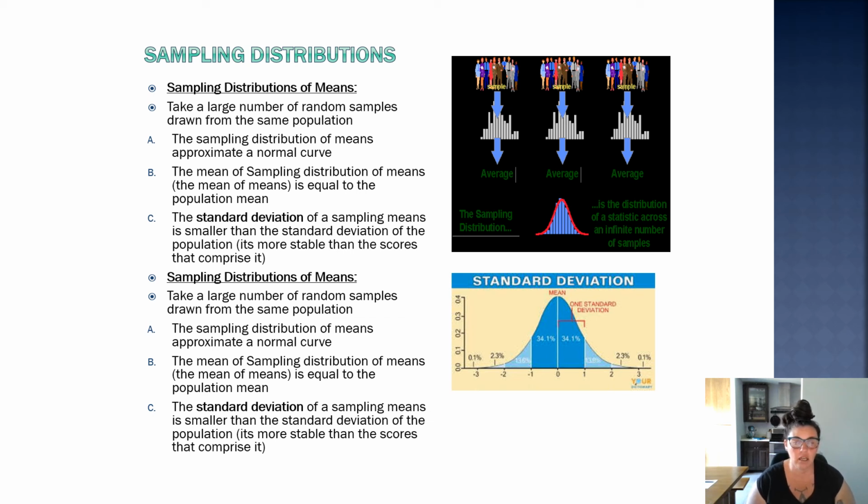So you want to take enough random samples so that it actually starts to approximate a normal curve from least to greatest. And by the way, this normal curve happens in every single thing that you can put into a statistical variable if your sample size is big enough. I can have a normal curve if I look at all of my grades, everything else being equal. You will see a normal curve in people's opinions.